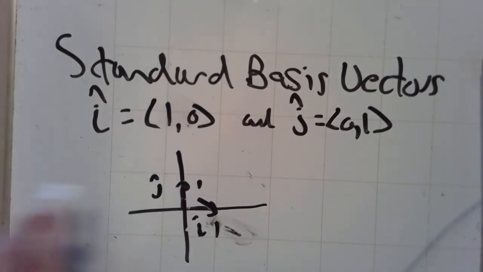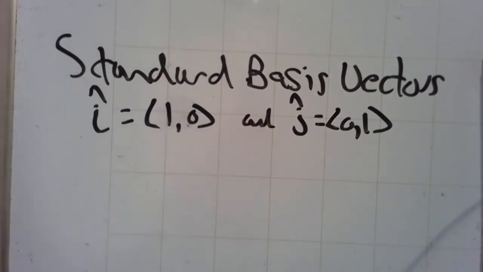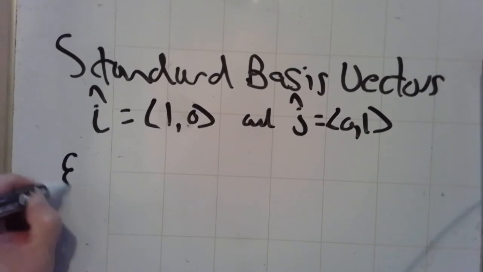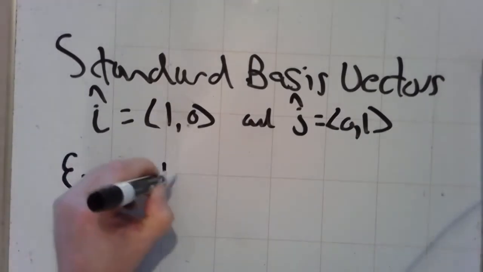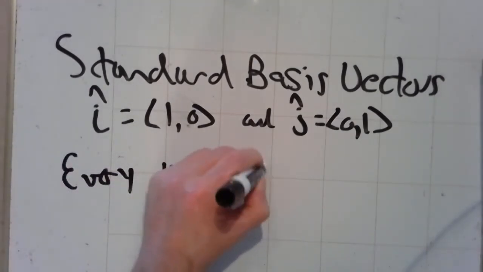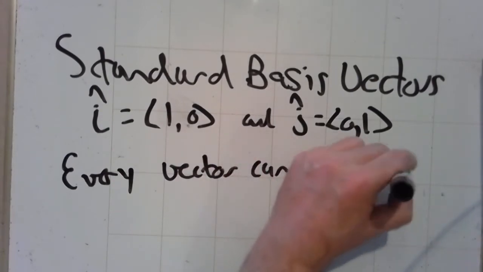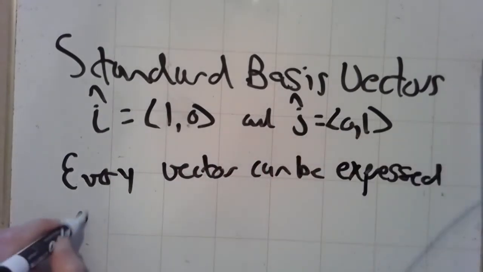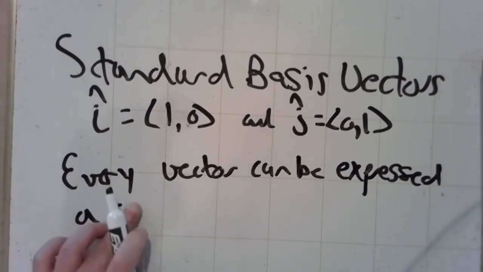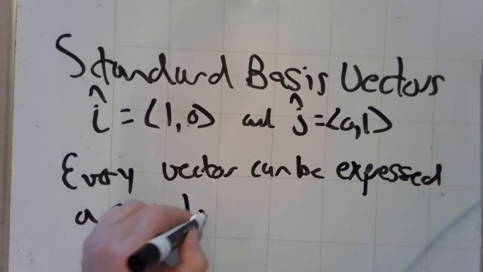Okay, now what's interesting is every vector in 2 dimensions can be expressed as a linear combination of standard basis vectors.